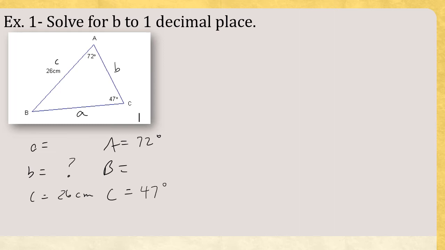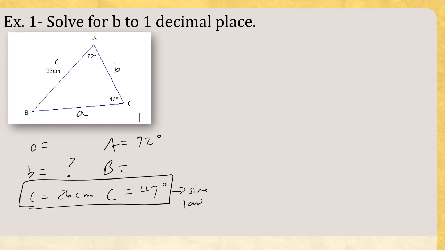Do I have a complete letter? I definitely do. If you have both pieces of information like that side by side, that is your indicator to use sine law. If you're looking at your picture, you have an angle right across from a side.